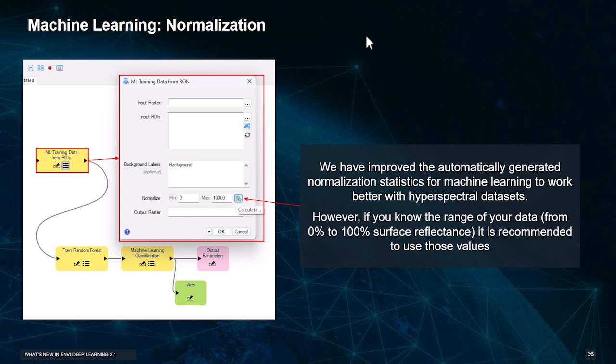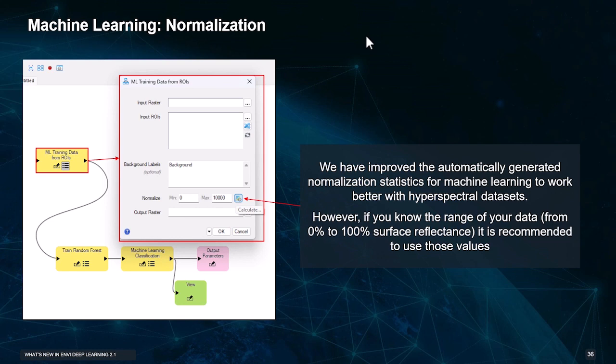We had some missing cases in our logic when normalizing data, which we have resolved. So now if you're working with hyperspectral data, you should notice improved performance when processing imagery with machine learning models. There were some data sets that we had trouble with in the past, and you might get a model that's just blank because normalization wasn't quite right.